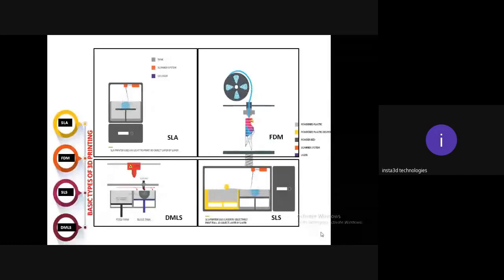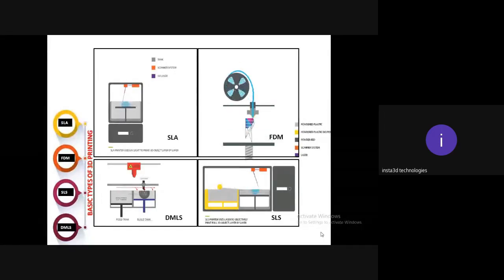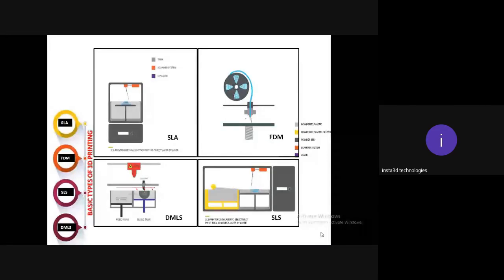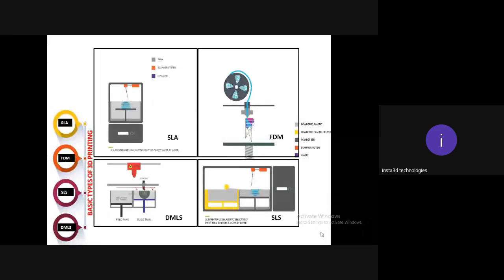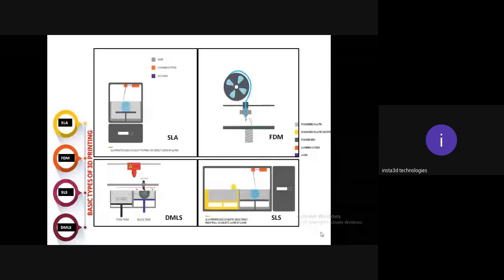And you even have some machines with multiple heads, where you can process multiple materials simultaneously. And the third one is DMLS, where metal powder materials are used as a raw material, and high-end lasers are used to melt it and make it solidify, and where the laser is in contact with the powder, it solidifies.